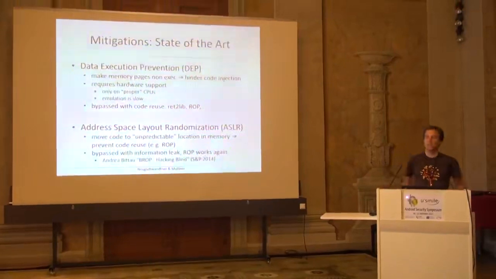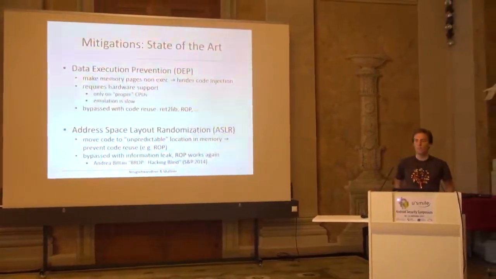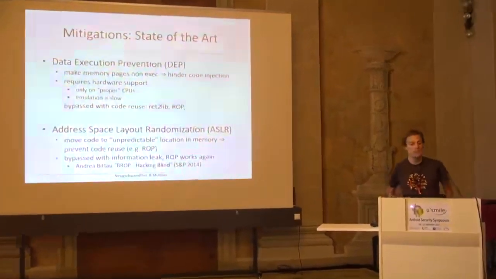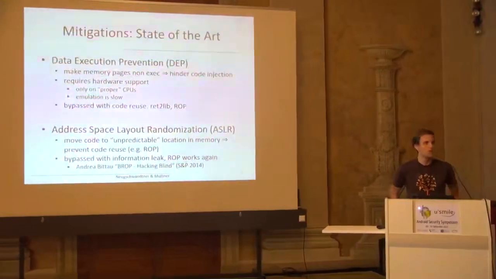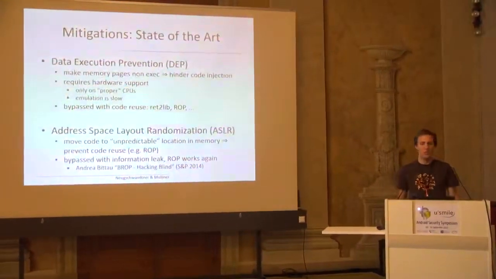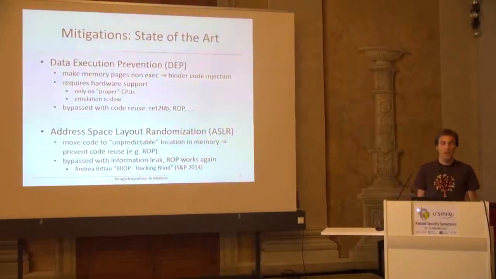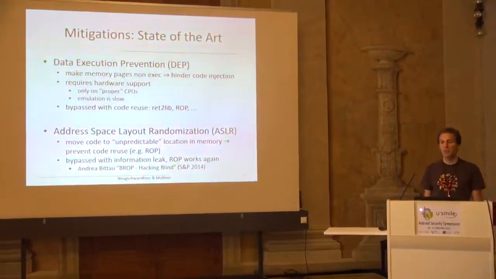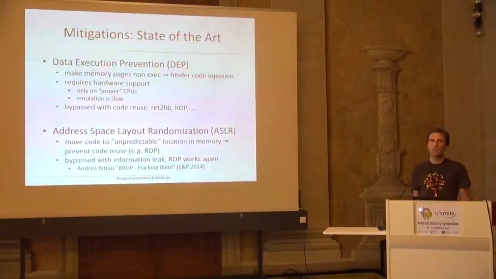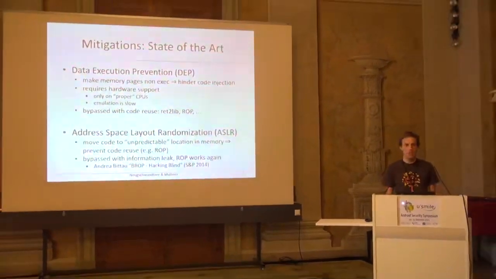If you take a look at the well-known state-of-the-art mitigations, there is data execution prevention, which is really nice because you can make memory pages non-executable, and this definitely hinders code injection. But this requires hardware support, which only proper, higher-end CPUs, for example ARM and MIPS devices, have. Emulation exists, but it's usually slow.